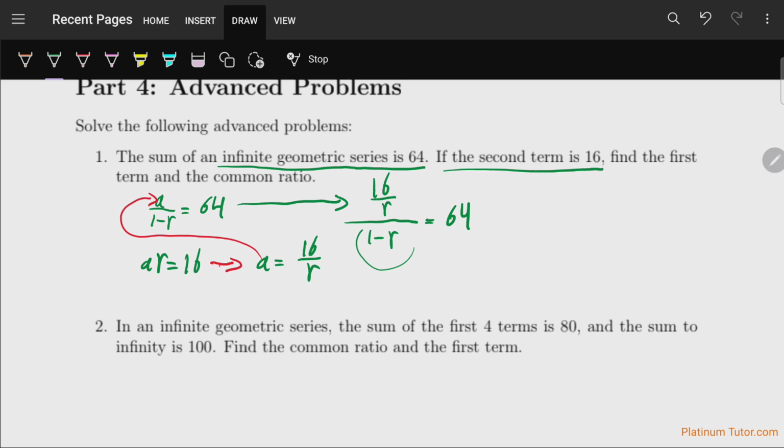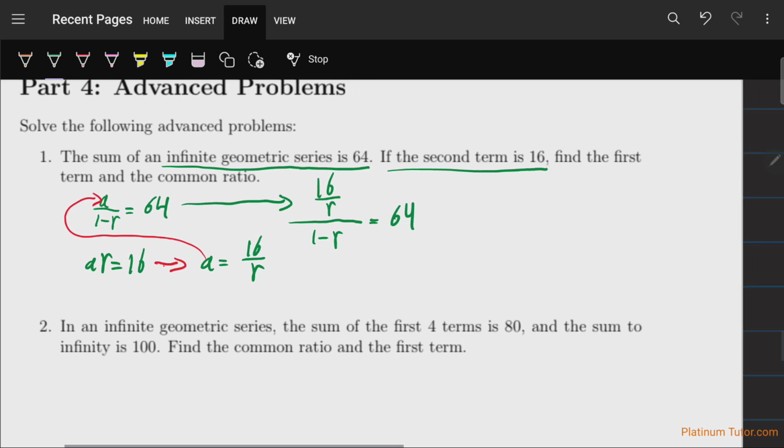I'll multiply both sides by 1 minus R. Okay, so let's fix this arrow. Multiply both sides by 1 minus R. 1 minus R here as well.